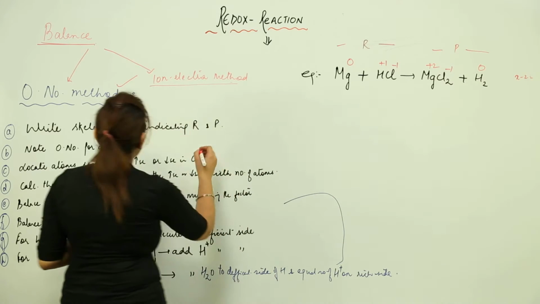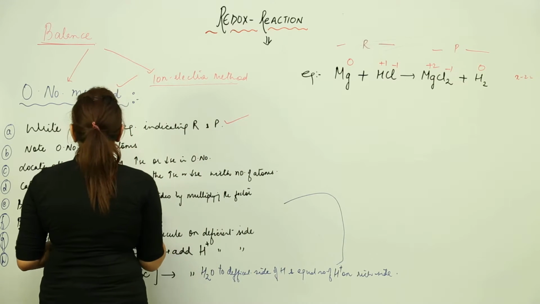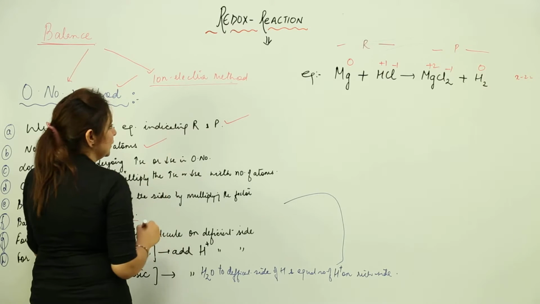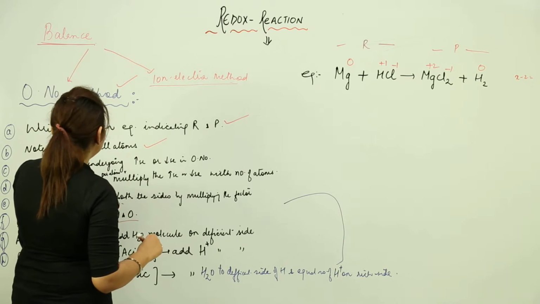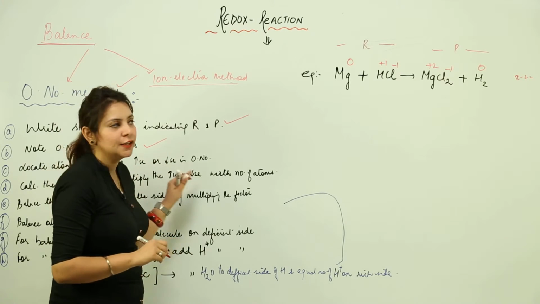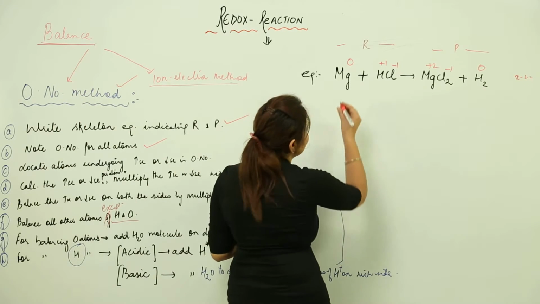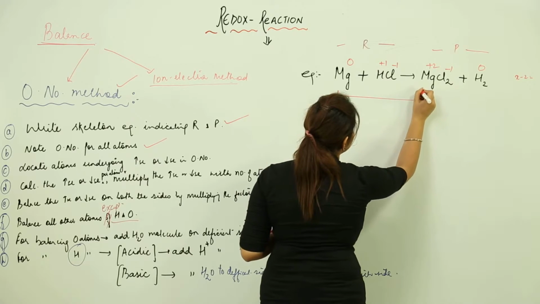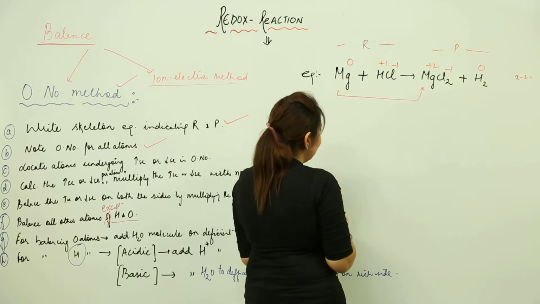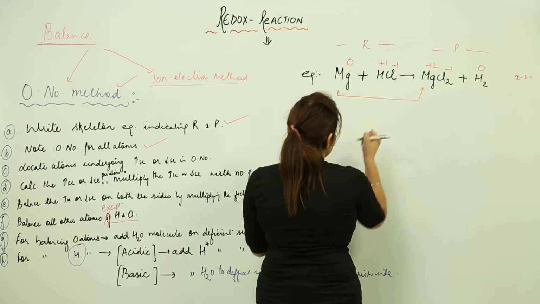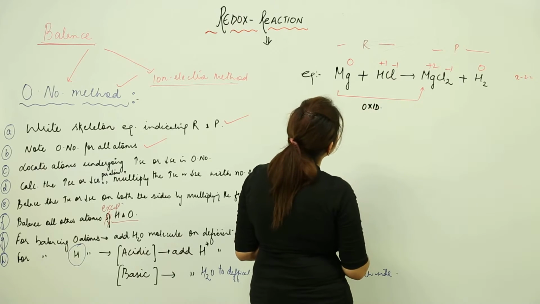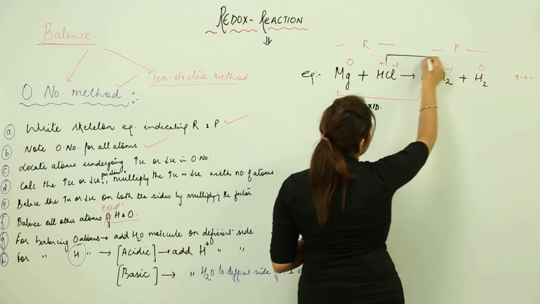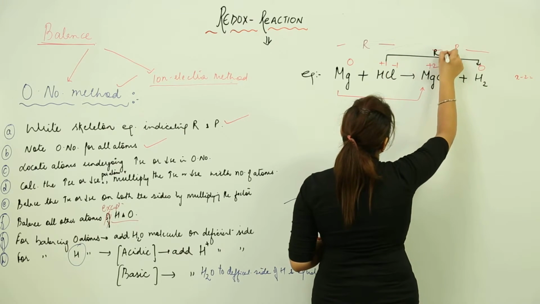Right. So I have written this skeleton equation and noted all the oxidation numbers. Now I am going to locate the atoms which are undergoing increase or decrease. I can see that the oxidation number of magnesium is increasing, so it is undergoing oxidation. And whose oxidation number is decreasing? H is decreasing, so this is reduction.